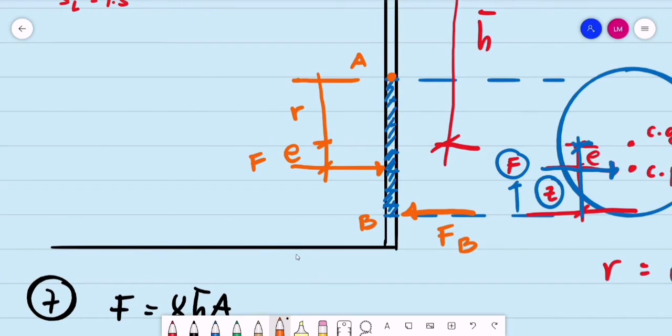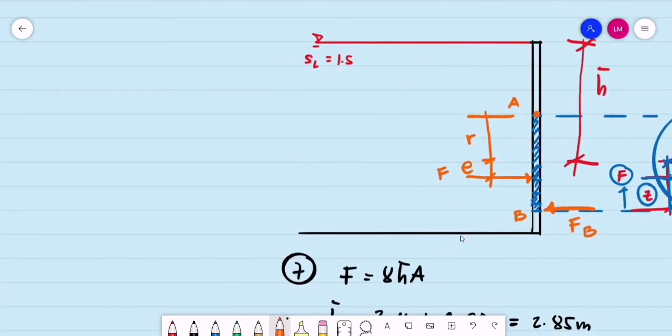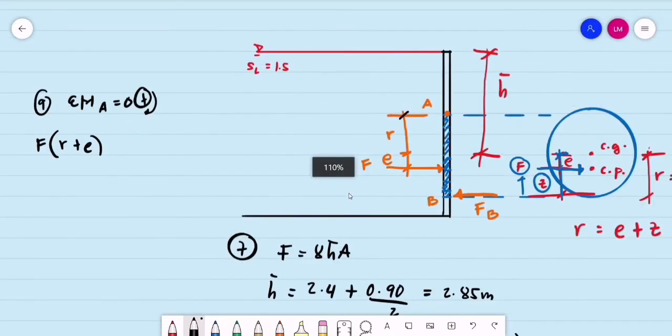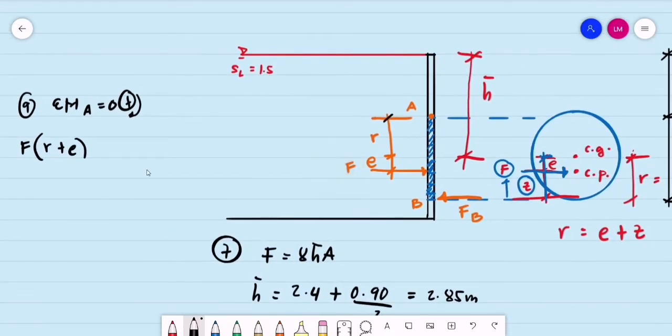So, pwede tayong mag-moment dyan sa A for question number 9. So, sa number 9, summation moment at A equal to 0, assuming clockwise moments to be positive. So, that will be yung force, ang lever arm, gaano kalayo yung force na to from A? Yun yung radius plus the eccentricity.